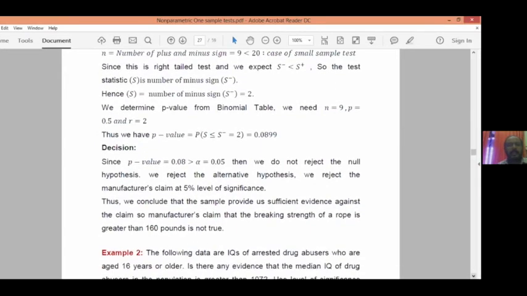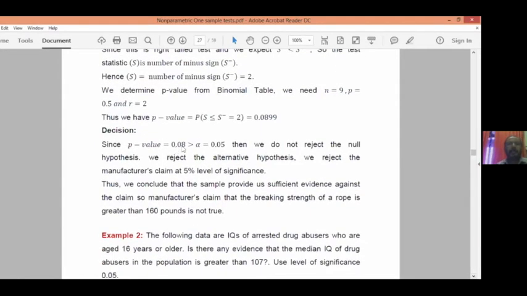Since the p value 0.0899 is greater than 0.05, we do not reject the null hypothesis. We reject the manufacturer's claim at the 5% level of significance. Thus, we conclude that the sample provides sufficient evidence against the claim. So the manufacturer's claim that the breaking strength of the rope is greater than 160 is not true.